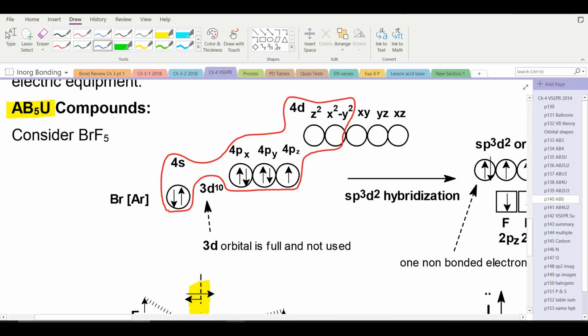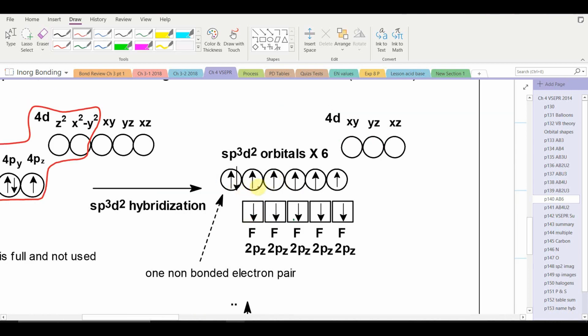Promoting 2 electrons will produce 5 half-filled orbitals. 5 of them are half-filled, 1 is full, so the full orbital is not involved in bonding. The other 5 do form bonds.